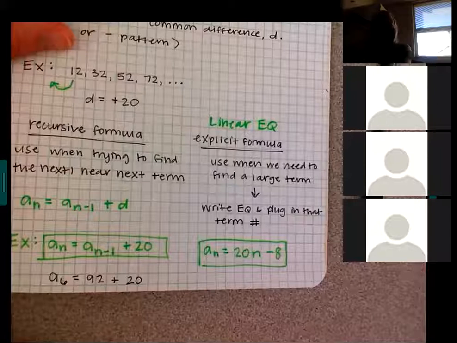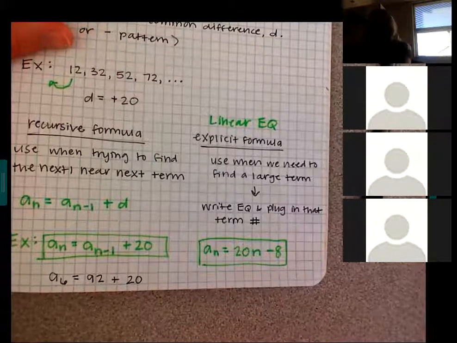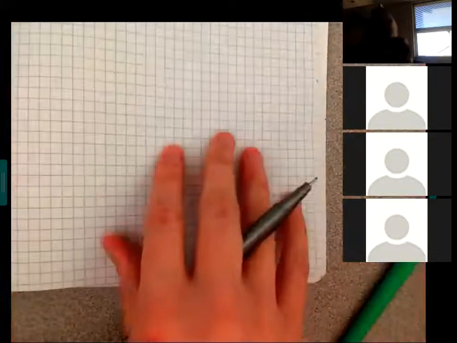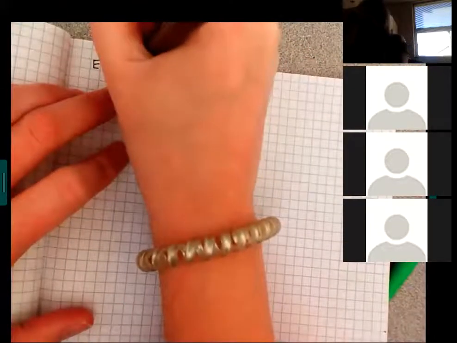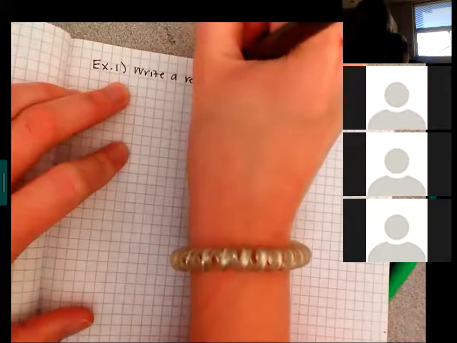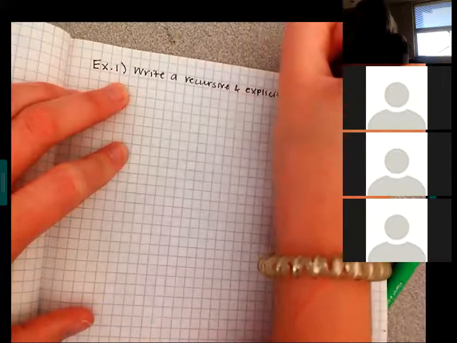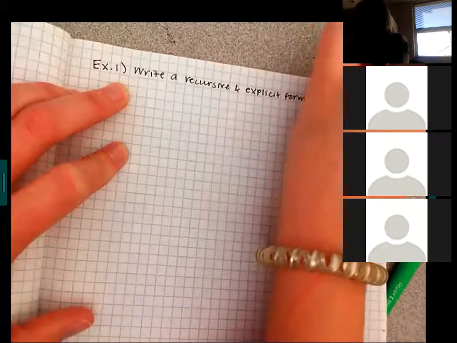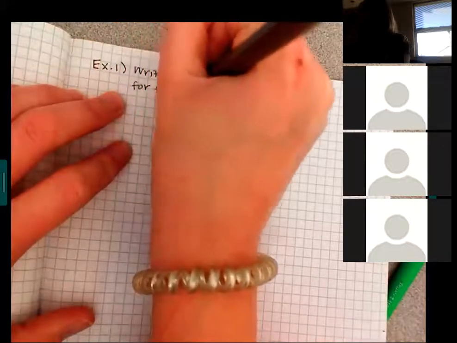Do you guys feel like you could do this with arithmetic sequences? Can I give you one to try? Okay. So this is your first official example. I want you to write a recursive and explicit formula for the sequence.